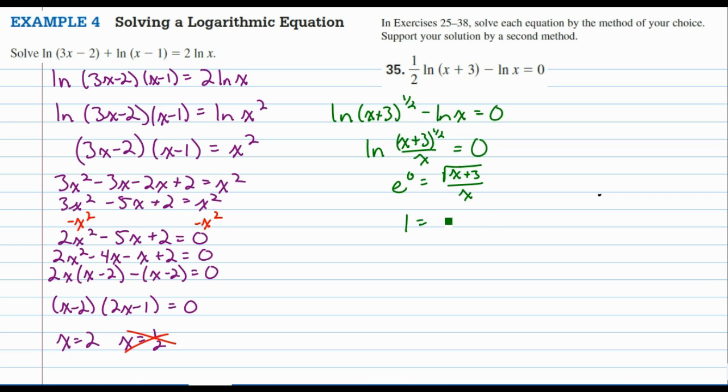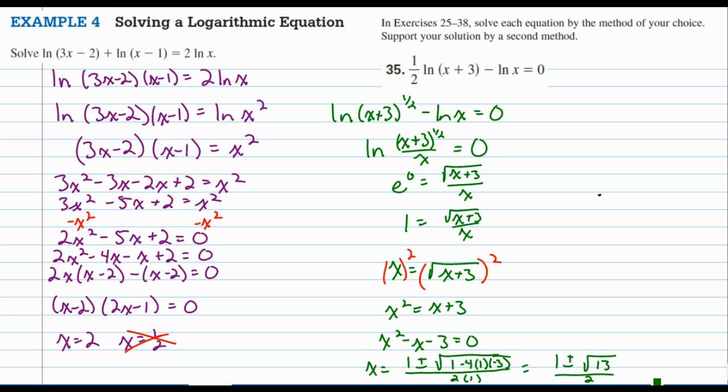So 1 equals the square root of x plus 3 over x, and then I can multiply both sides by x, square both sides, which might cause extraneous solutions. And now I can set that equal to 0 and solve. And I get 1 plus or minus the square root of 13 over 2.